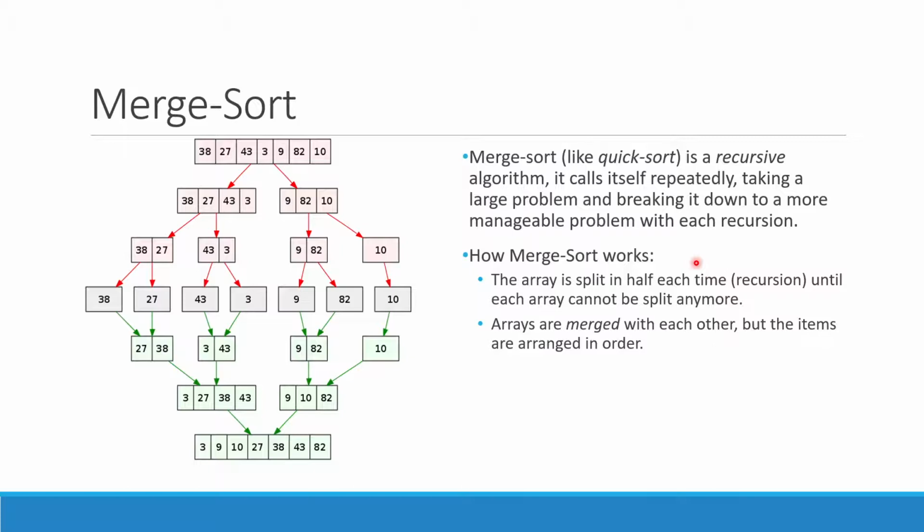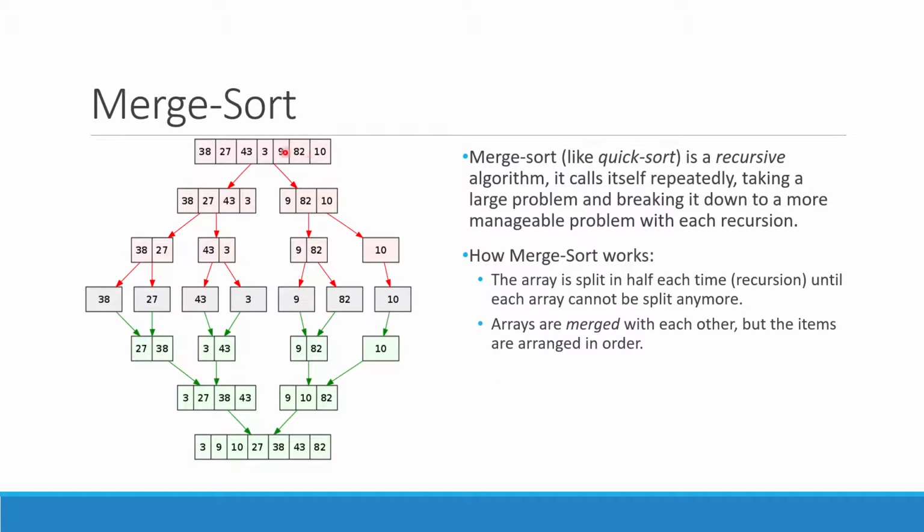Okay? So, merge sort, like quicksort, is a recursive algorithm. Okay? It calls itself repeatedly, taking a large problem and breaking it down into more manageable versions of the problem. Okay? Now, how does merge sort work? Well, it's very similar to quicksort in the respect that the array is being split in half every time until the array cannot be split anymore.